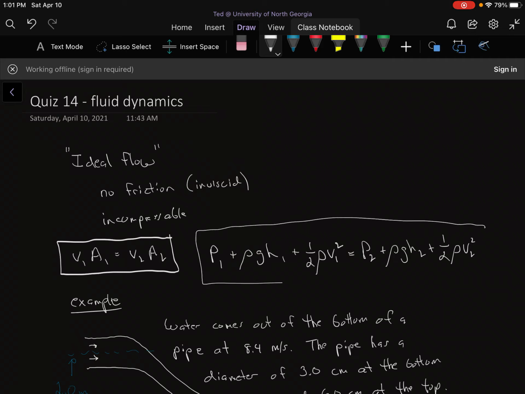And that is an equation that basically says the total energy at one point in the pipe should equal the total energy at another point in the pipe.